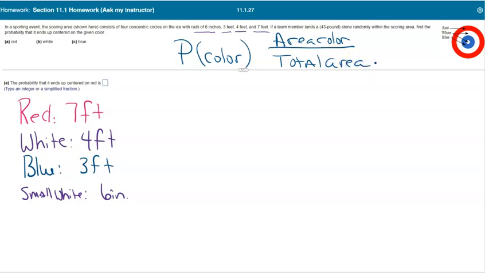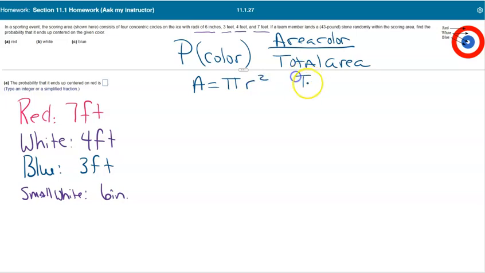All right, so for the red, we need to know how much area the red takes up, and we also need to calculate the total area. So let's go ahead and calculate the total area of the entire circle. That's all of the circles. We know a formula for the area of a circle, right? Area is equal to pi r squared.